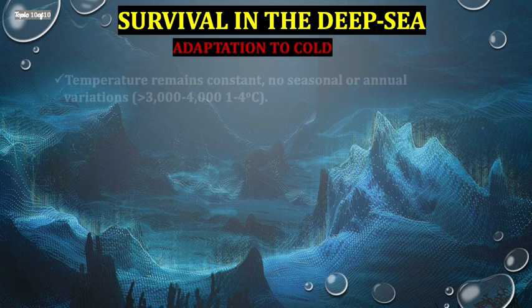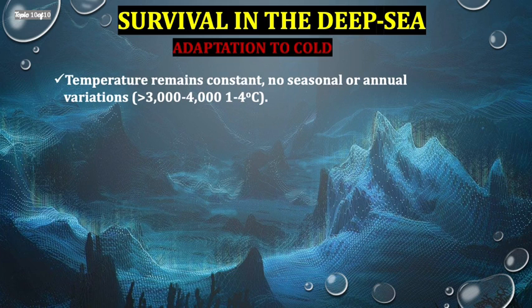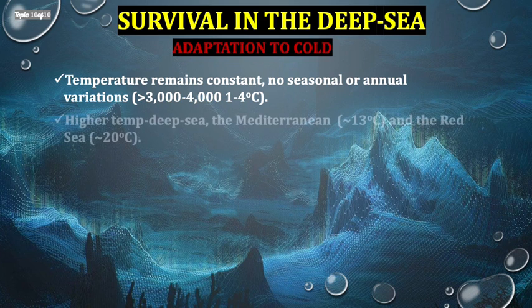Okay, so how do organisms survive or adapt to extreme temperature in the deep sea? In the deep sea, the temperature is constant. There's no seasonal or annual variation in the deeper portion, at more than 3,000 to 4,000 meters deep. The temperature is between 1 to 4 degrees Celsius.